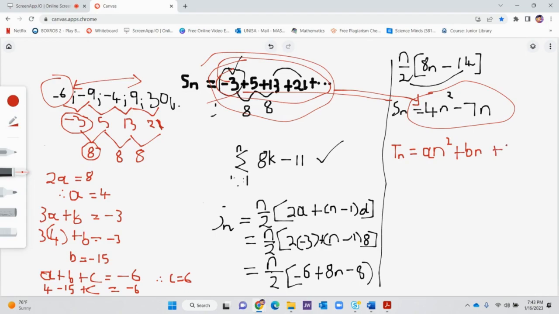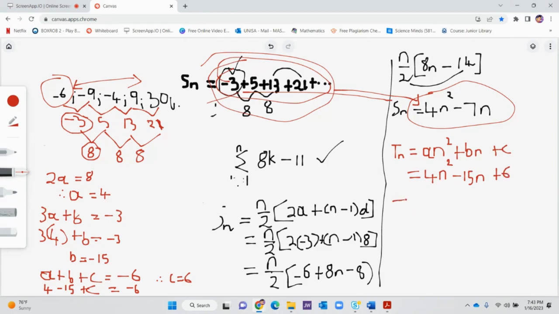So that means we have our a is 4, so this is 4n squared, plus b, which is minus 15n, plus 6.